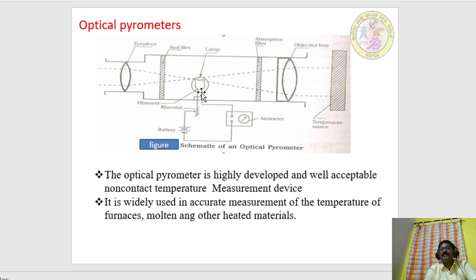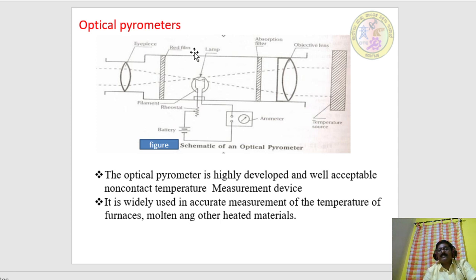The measure of temperature is obtained by optically comparing visual radiation from the filament with that of an unknown source. This is exactly the principle: radiation from one of the sources as viewed is adjusted to match with the other source.